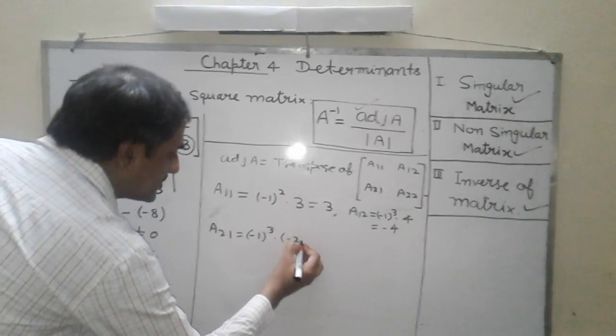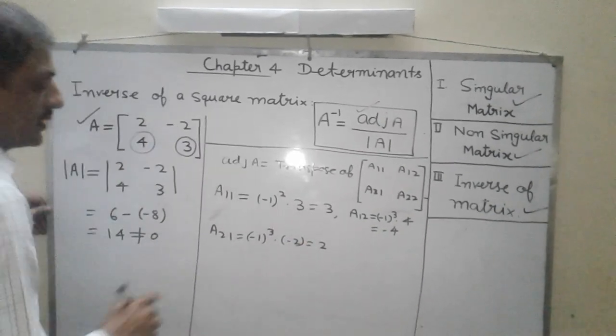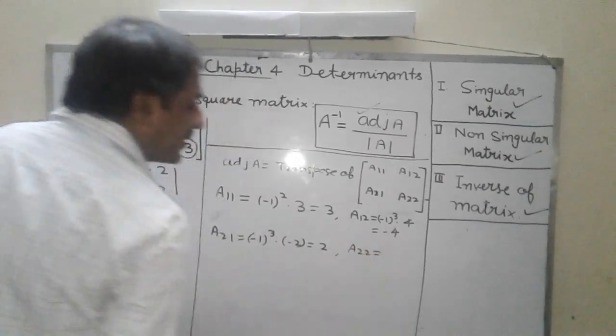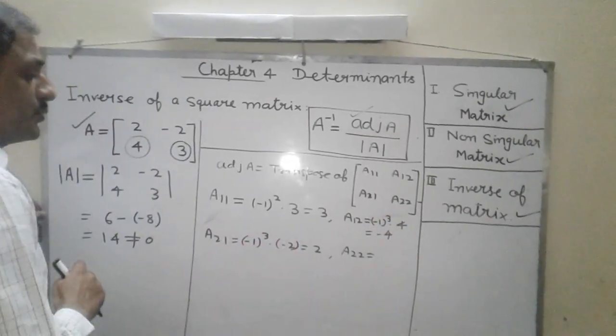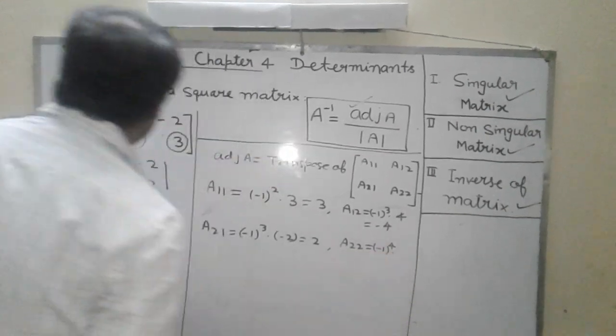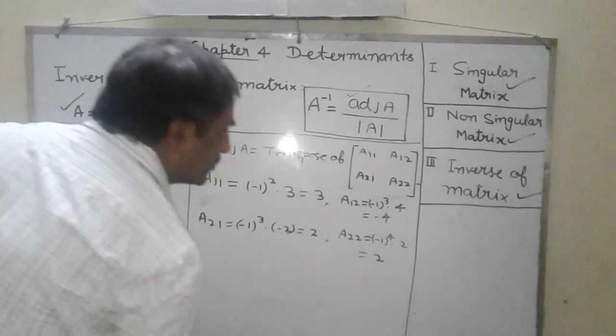This is equal to minus of minus 2, which is equal to 2. A22 is equal to minus 1 to the power 4 into 2. It is equal to 2.